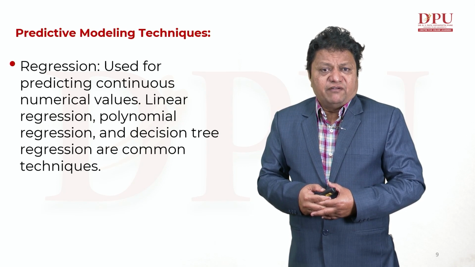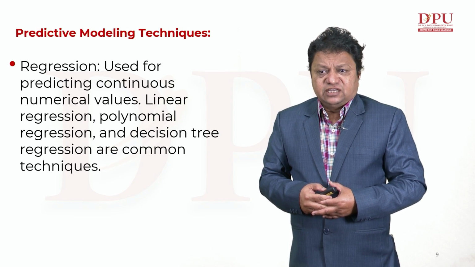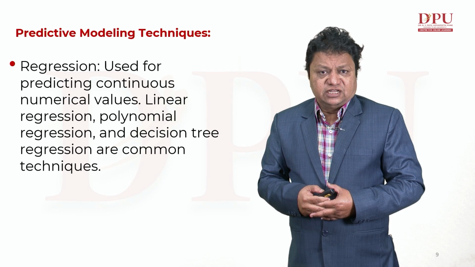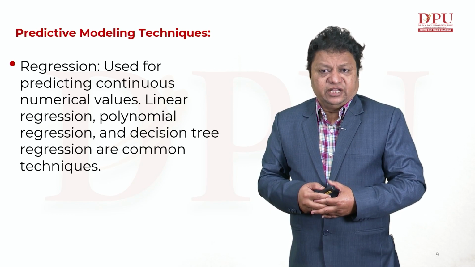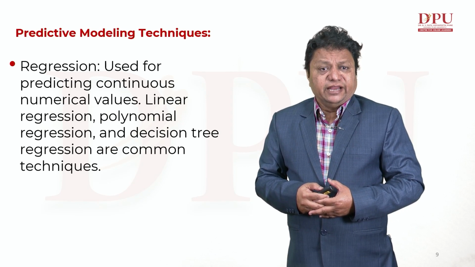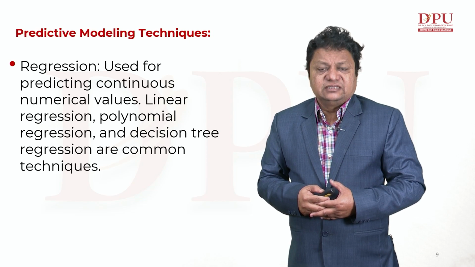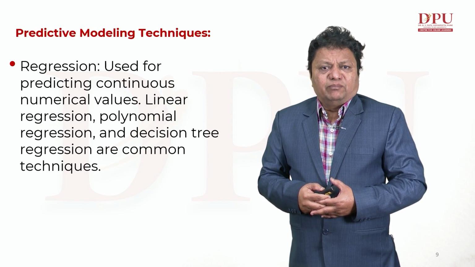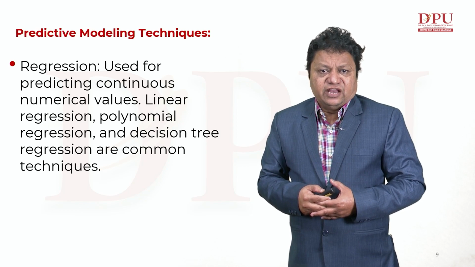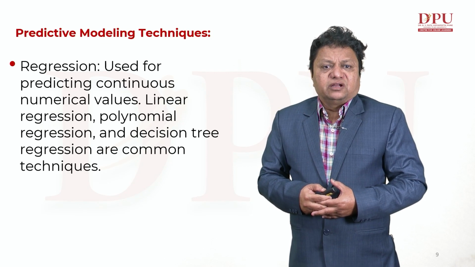Here we have different versions of regression: it could be linear regression, polynomial regression, or decision trees. These are some of the predictive modeling techniques that we can use when predicting numerical values.